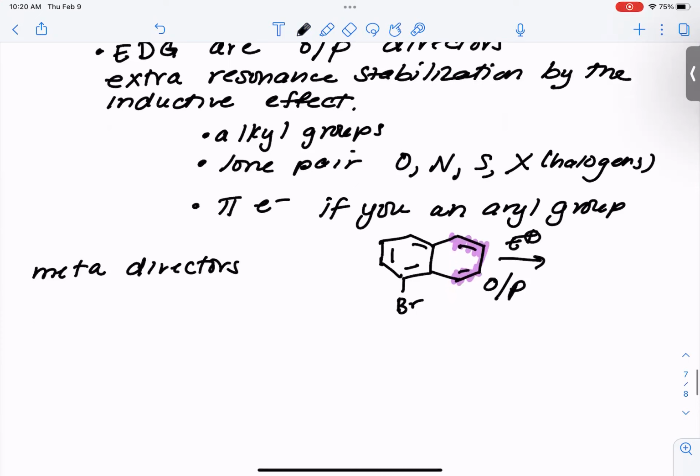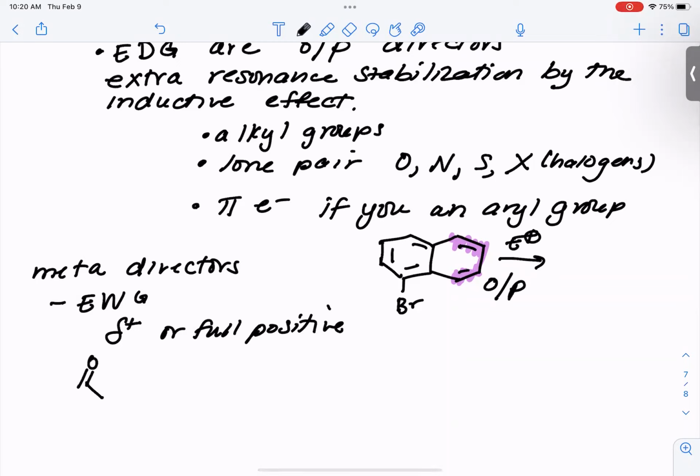Your meta directors are going to be your electron withdrawing groups. So your partial positive or full positive. Okay, again, your carbonyls, there's a partial positive. Your nitro groups, there's a full positive on that nitrogen.